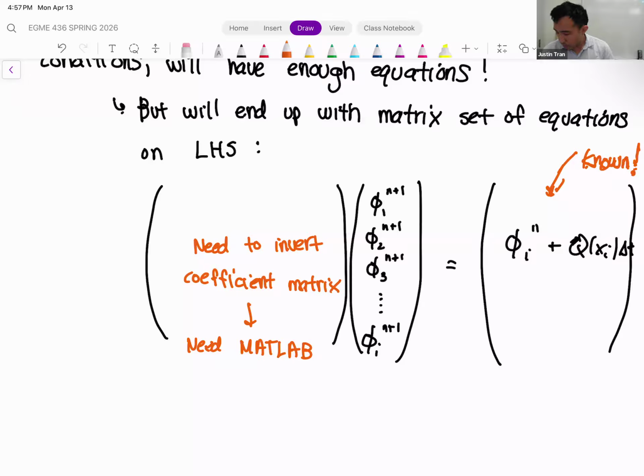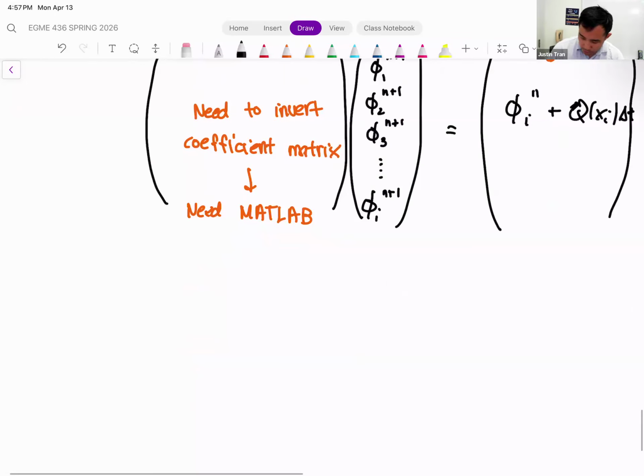Any questions on this before we start working on an example here? Timing is a little bit unfortunate, but just like last Wednesday, we will start an example today and then finish it up on Wednesday. For this example, just like our previous one, we're going to work on an unsteady diffusion.